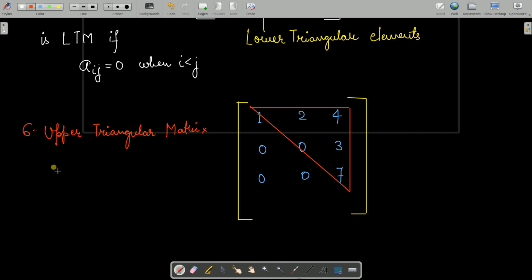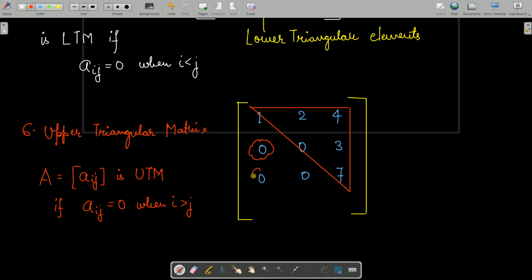Clear? So I can write, let's say A is equal to Aij. I will call this my upper triangular matrix. In short, I have written upper triangular matrix if your Aij, that is your element, becomes 0 when your i is greater than j. That means for which all parts? Here i is greater than j, here i is greater than j, here i is greater than j.